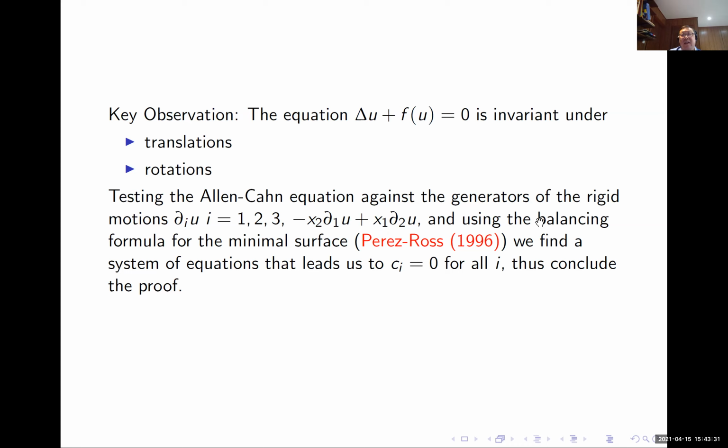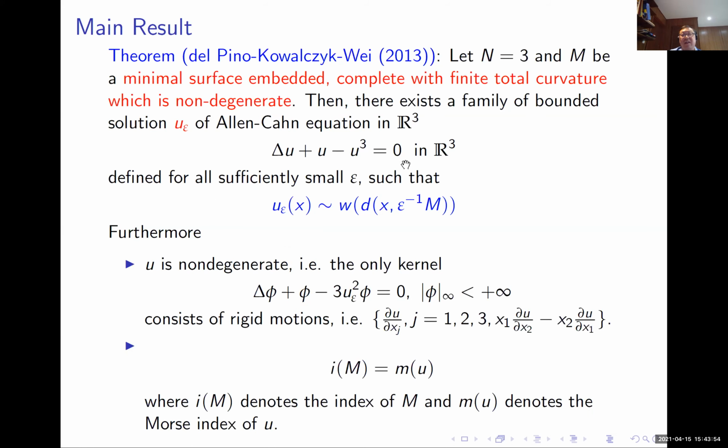The important thing is to use the so-called balancing formula for the minimal surface. From this we find a system of equations for the Lagrange multipliers, and these Lagrange multipliers will be 0. And finally, we finish this part of the proof.